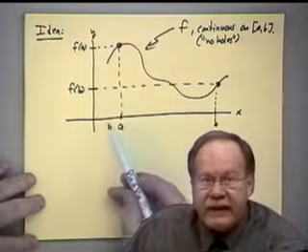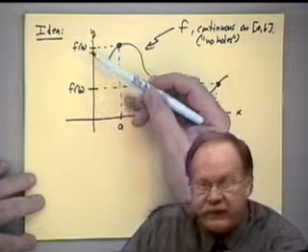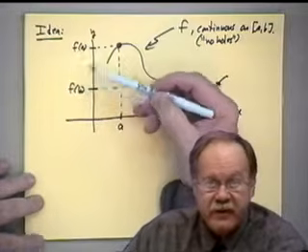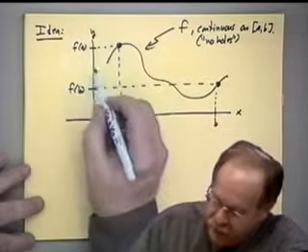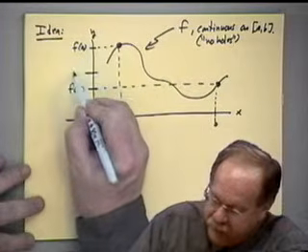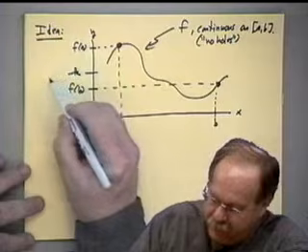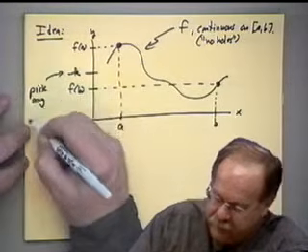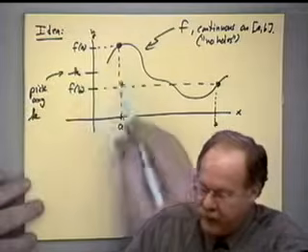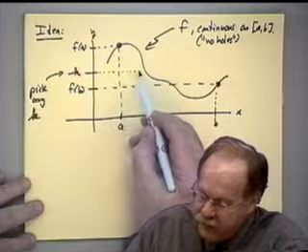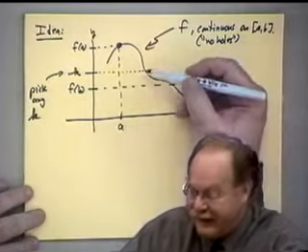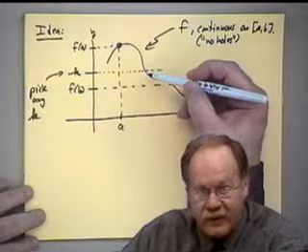And the theorem says pick a number between f of a and f of b. Now, in my picture, f of a happens to be the bigger one. But it doesn't matter. I'm picking something in between. So maybe I'll pick a point here, k. And I'll write down here, pick any k here. Now, that k value comes over this way. And what the theorem says is, there's got to be a point on the curve.